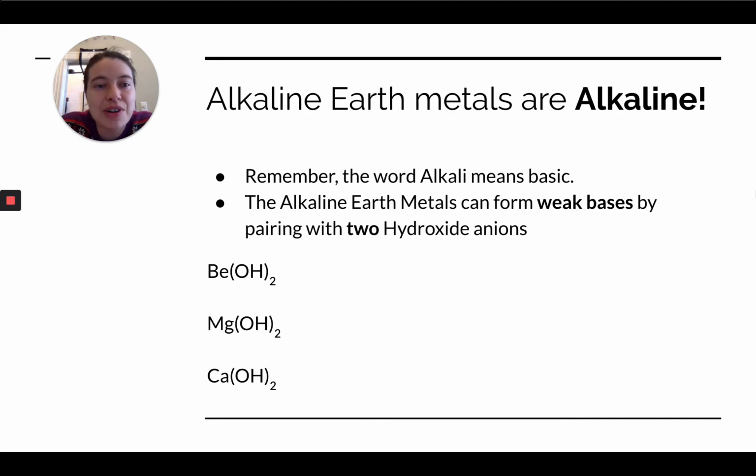The next thing to note about the alkaline earth metals is that they are alkaline. So you learned that the word alkali means basic. Alkaline means they're basic too, just not as basic. So while the alkali metals, column 1A, made strong bases, the alkaline earth metals make weak bases.